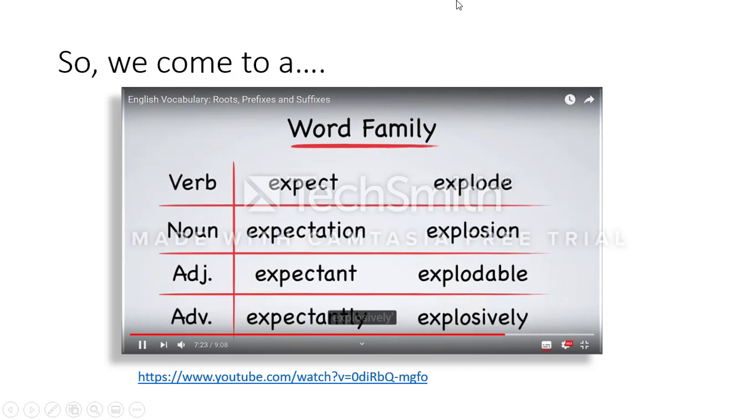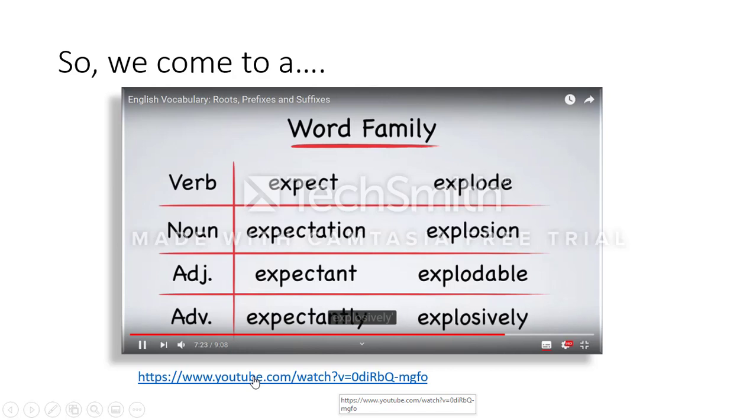Okay, so think of a root and these affixes that will get together with the roots in order to make words. As you will see in this very interesting video, which at the beginning advises that it is a video for upper intermediate, okay?